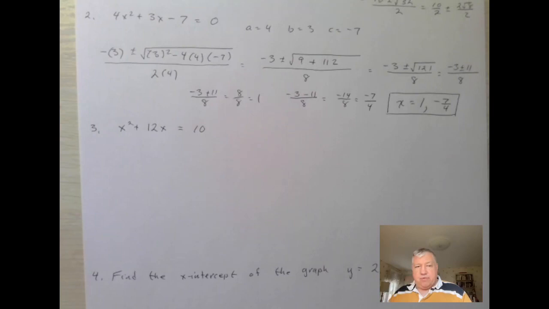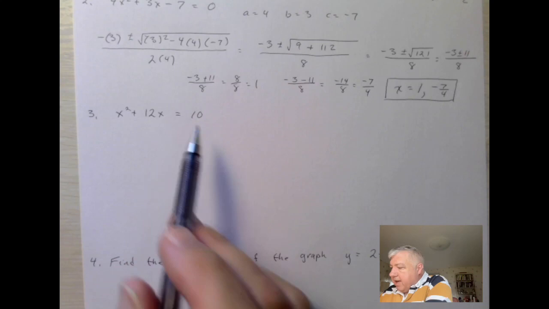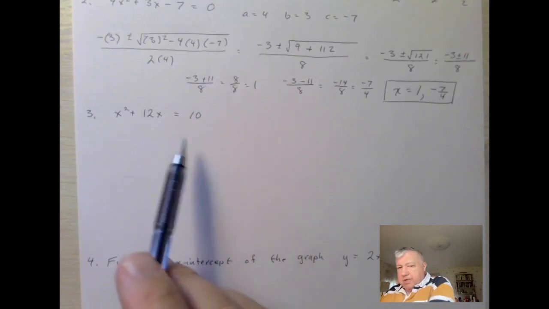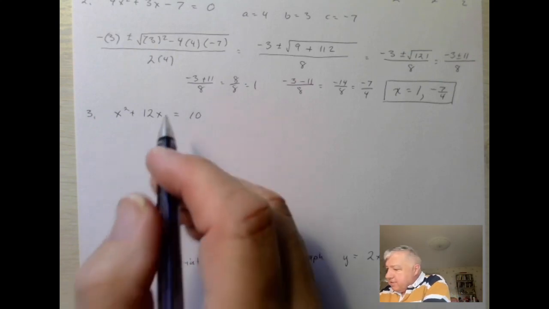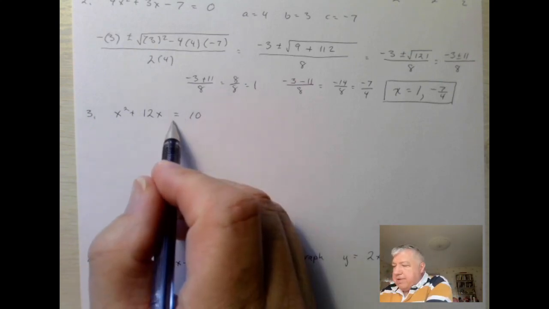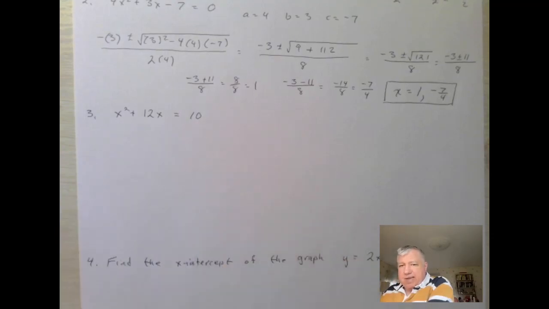Now, for this next example, you might recognize this from the previous lesson, and we have x squared plus 12x equals 10. We did that by completing the square. Now we're going to do the same problem using the quadratic formula. So let's first take the 10 to the other side, because we need to read off our a, b, and c, where everything is on one side and zero is on the other.